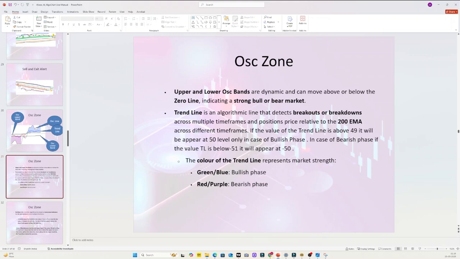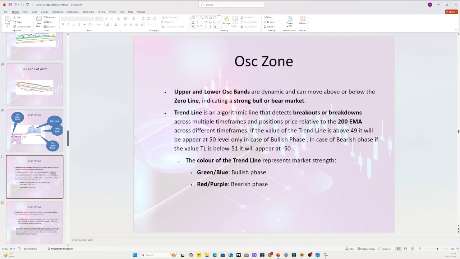Also, suppose in a 60 minute time frame it is at minus 4, then we have to deduct 4 from this. So 13 minus 4 comes to 9. So a value of 9 is there. Again, we have to see in how many periods the price is above the 200 EMA.